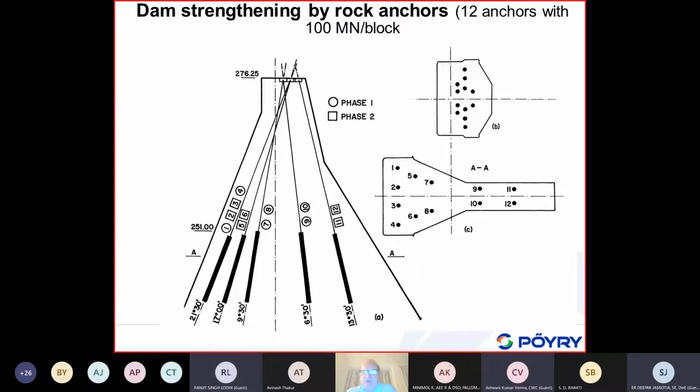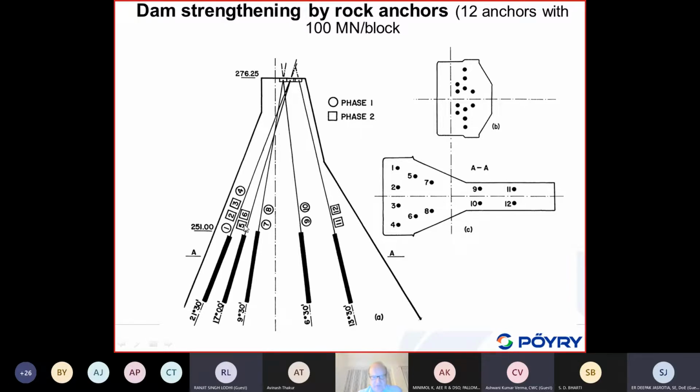by rock anchors. There were about 20 buttresses, and each buttress was provided with, as you see, 12 rock anchors, and they were pre-stressed, or the capacity of these rock anchors was about 100 meganewtons per block.